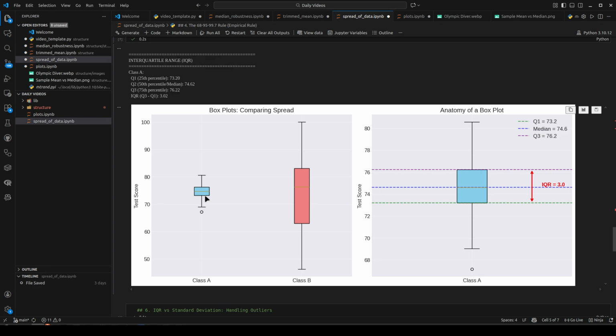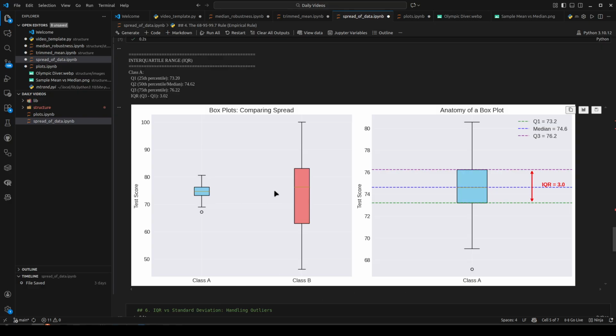For class A, we can see here that the data is much more compact. The vast majority of the test scores fall within 70 and 80%, with one outlier over here. Whereas class B, I mean, wow, it really can be anywhere, right? We don't know where a point will land because there's just so much more variance to it.